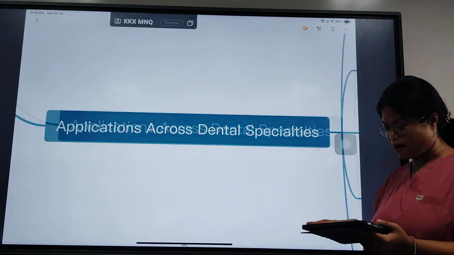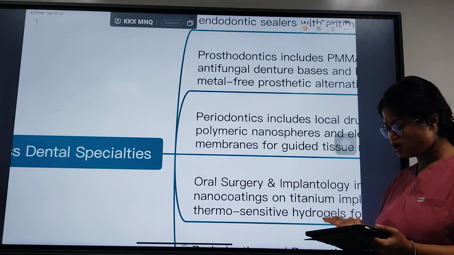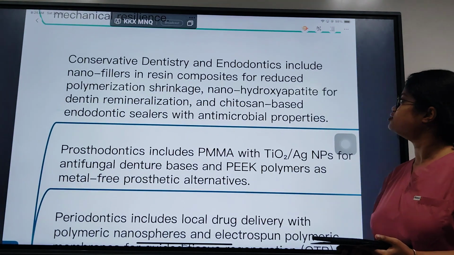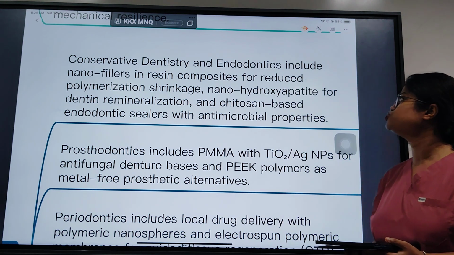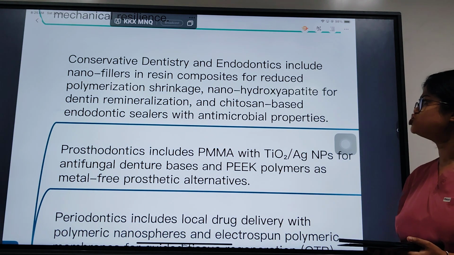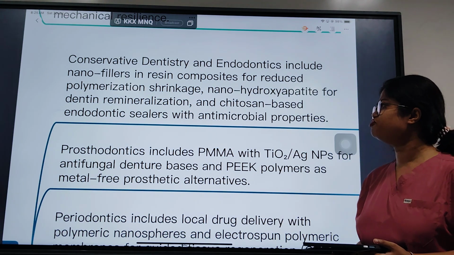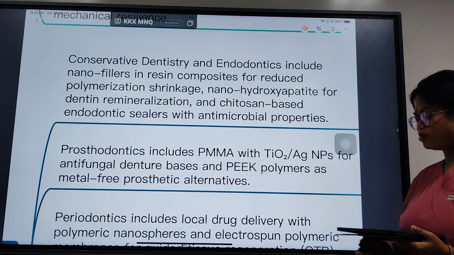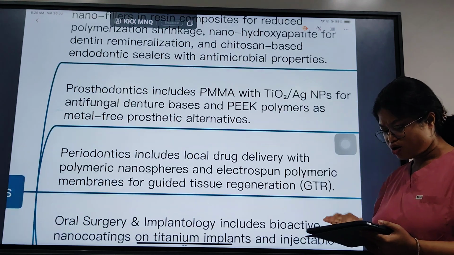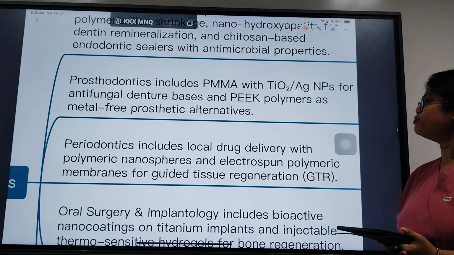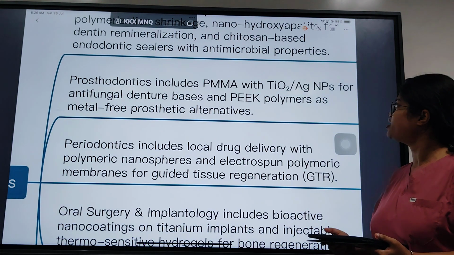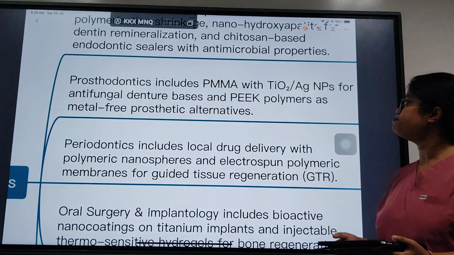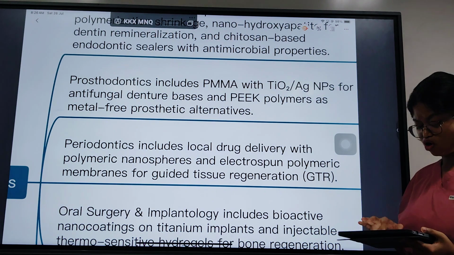Where are these used? Applications across various specialties. First, in conservative dentistry and endodontics, they use nanofillers and resin composites for reduced polymerization shrinkage, nano hydroxyapatite for dentin remineralization, and chitosan-based endodontic sealers with antimicrobial properties. In prosthodontics, we commonly use PMMA with titanium oxide and silver nanoparticles for antifungal denture bases, and PEEK polymers as metal-free prosthetic alternatives.